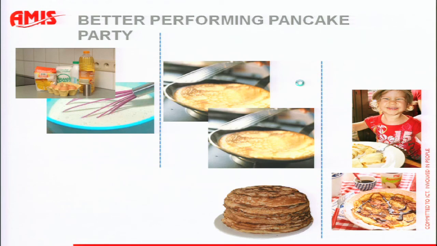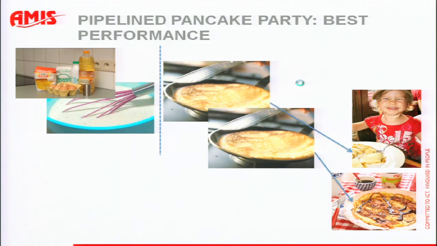But actually, you can make a much larger improvement if you think about something I would call pipelining. It's almost like a conveyor belt. Once the first pancake has been baked, one of the children can start eating.